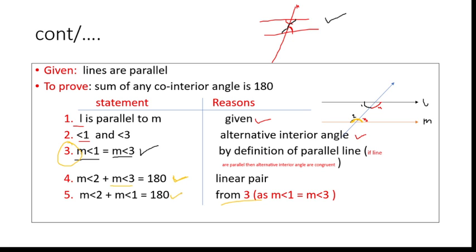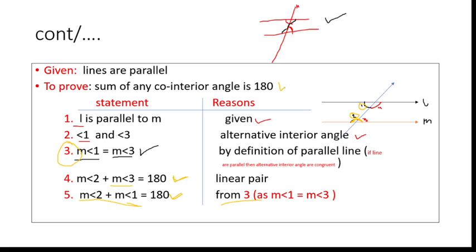And from the figure, what is the relation between angle 2 and angle 1? We can notice that angle 2 and angle 1 are co-interior angles, and if the sum of the co-interior angles is equal to 180, then we can say that these two co-interior angles are supplementary.